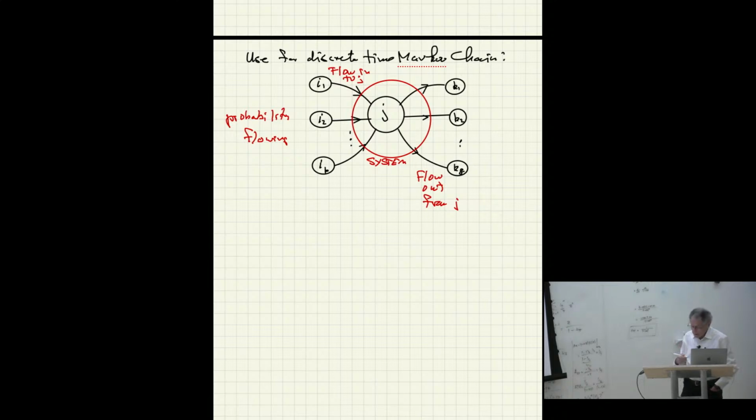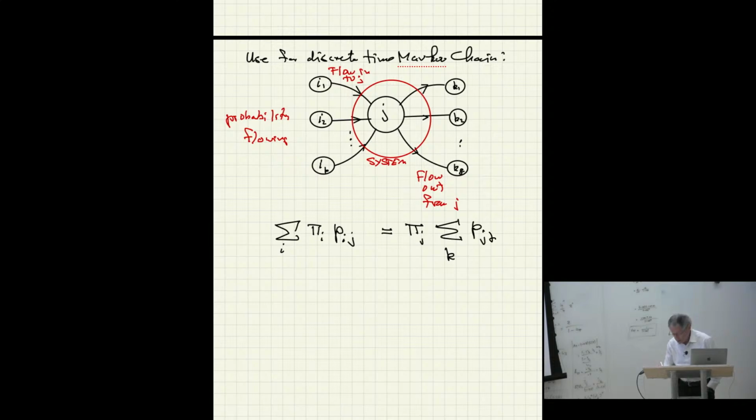And let's look at the amount flowing in equilibrium. It'll be a sum on i of all those input states, pi sub i, times the probability of going from any one of those states into j. That's the flow in. And the flow out is whatever j had, pi sub j, times all the probabilities of flowing from j someplace else, over all possible k states, output states, of P sub jk.